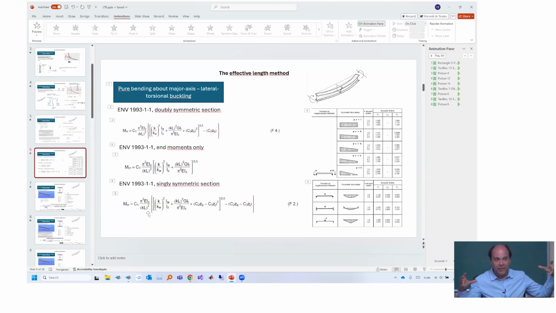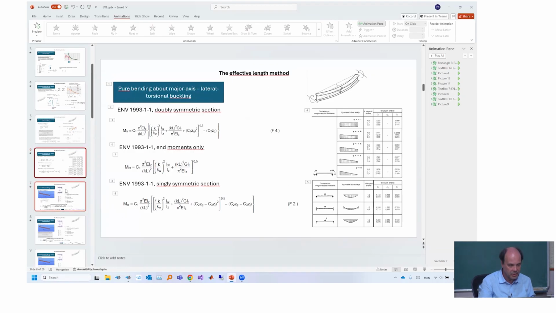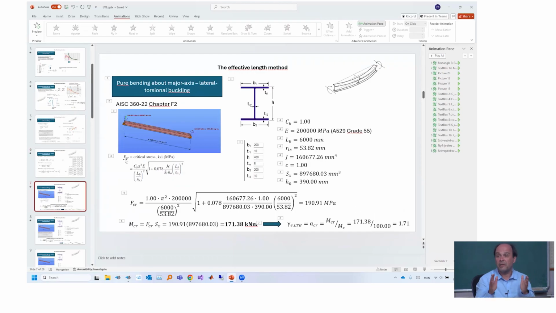So this is the universal formula if you are looking for a formula. But that chapter of AISC 360 has simplified the formula, assuming all the possible simplifications for a double symmetric section. And that's why it came to that format, which gives the chance to calculate directly the critical stress.